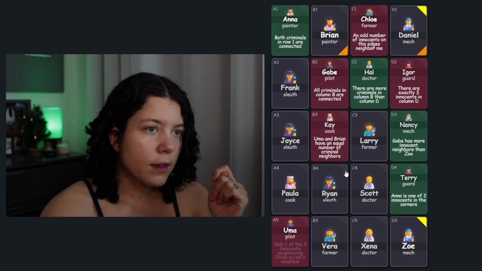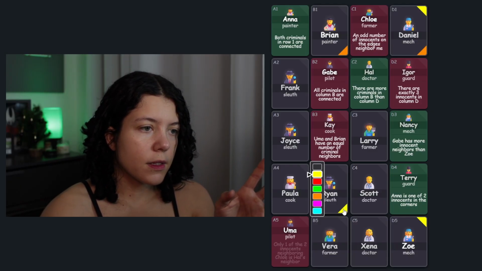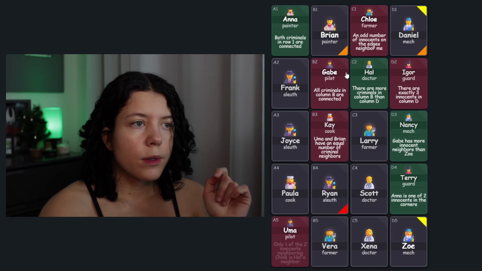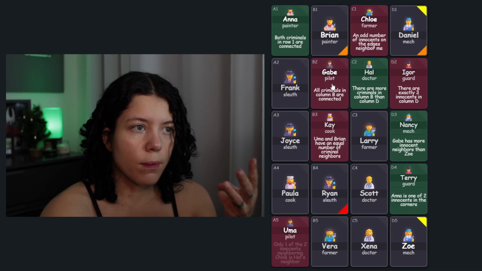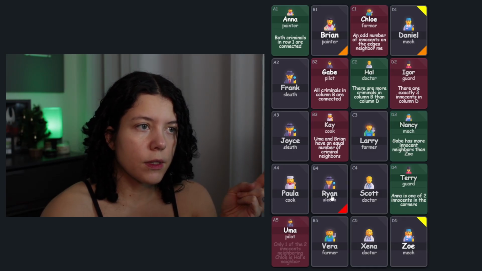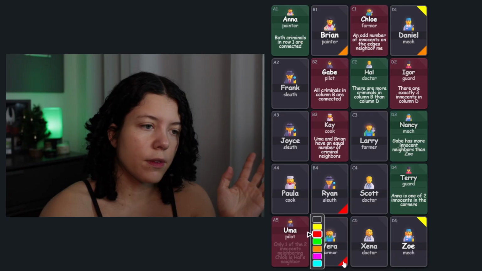Let me see if I'm thinking about the right thing. If Ryan is a criminal, actually, because all criminals in column B have to be connected. There has to be at least 3 of them. So if Ryan is an innocent, Uma has one of the innocent neighbors that she needs. She needs one more, at least, because Brian has the second one. So let's say that Vera is the second one.